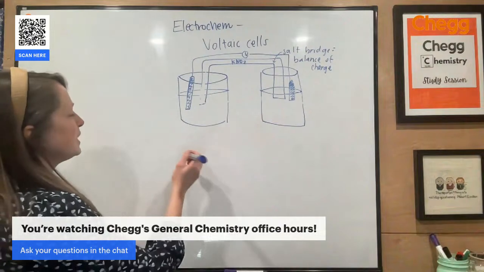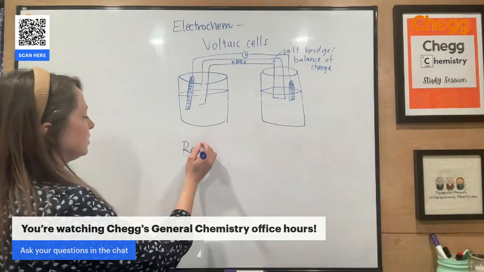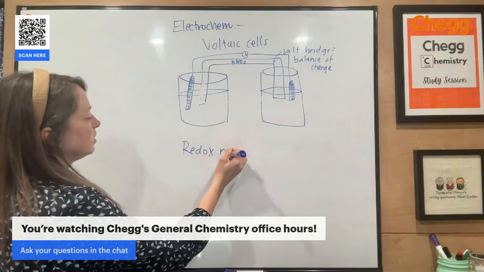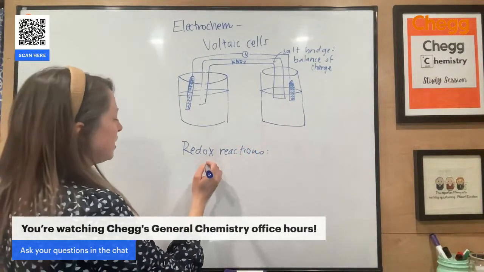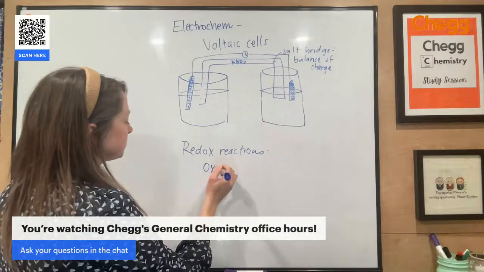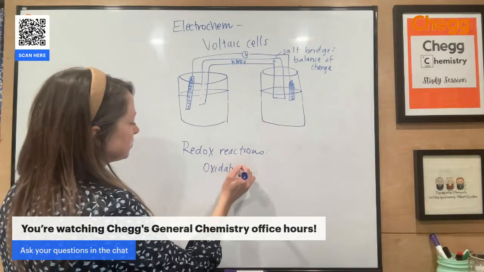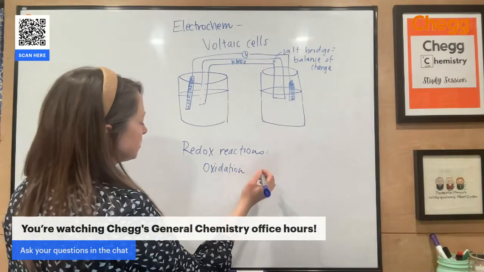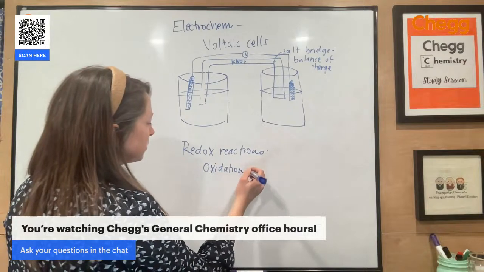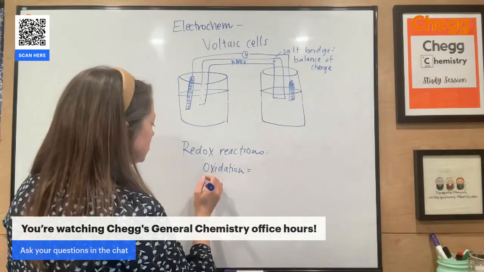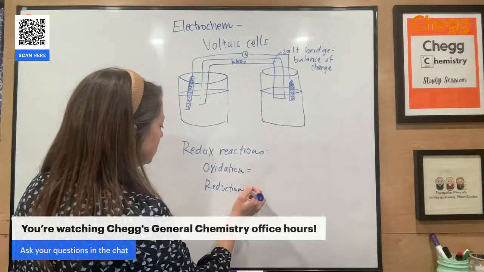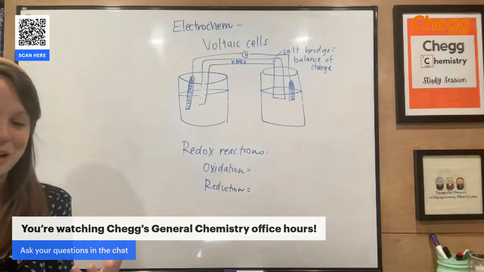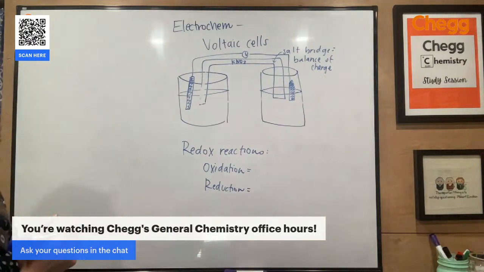So when you're doing a redox reaction, you have to remember a couple things with these cells. So oxidation versus the reduction. Like the locations of these, where does it happen in this cell?